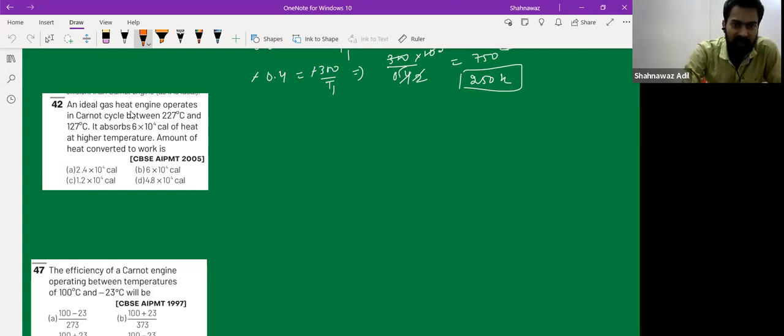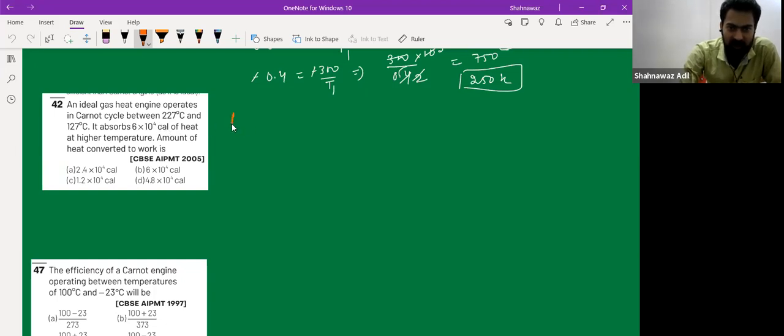An ideal gas heat engine operates in a Carnot cycle between 227 degrees C and 127 degrees C. It absorbs 6 into 10 to the power 4 calorie of heat at higher temperature. The amount of heat converted to work is. So they want us to calculate the work done, and the answer is in calories, so we don't need to change this into joules.